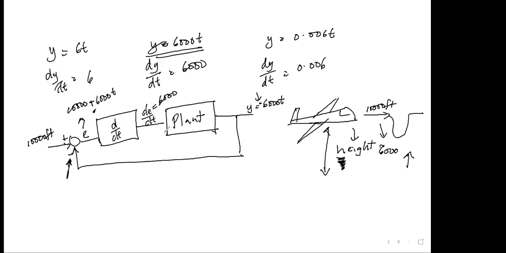Because remember, the output is height. So if you have a positive output from here, it's going to increase the height, and if you have a negative output from here, it's going to decrease height. So it's going to be a very large positive input to the plant, to try to push the thing back up to the 10,000.